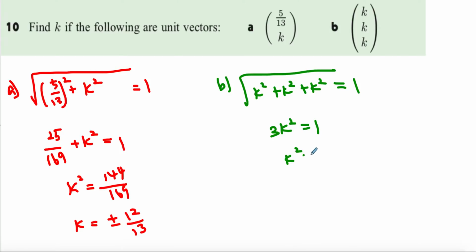That means k squared has to be equal to 1/3. Then of course we know that then k has to be equal to plus or minus 1 over square root of 3. That means plus or minus radical 3 over 3. That becomes our final answer. All right.